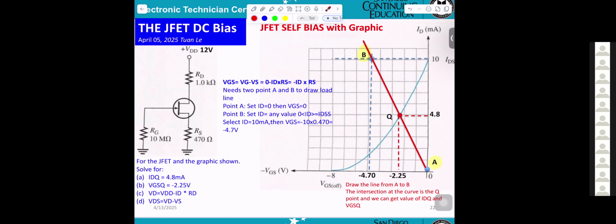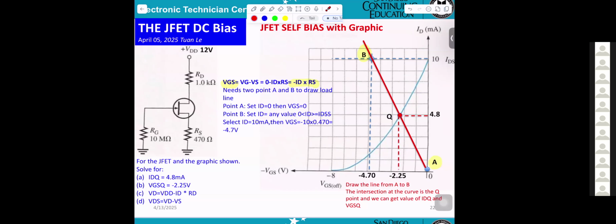VS equal ID, or IS, at the same time times RS. Okay? So VGS equal minus ID times RS. So we need 2 points, A and B.